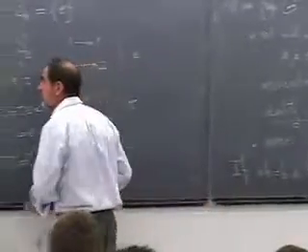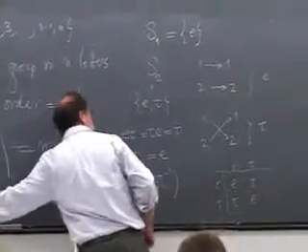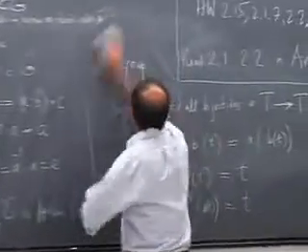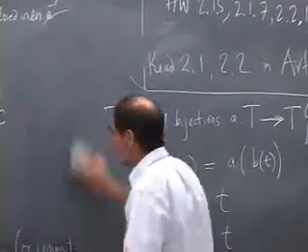Let's take an example which is a little bit more interesting, where we go to the permutations of 3 elements. I'm now going to erase the homework. In fact, I'm going to erase the definition of a group.